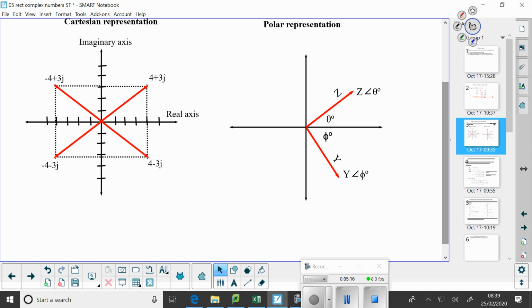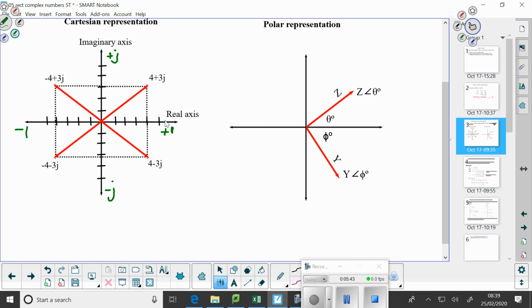We represent these axes by a positive number that way, a negative normal number to the left, a positive j amount upwards, and a negative j amount downwards.